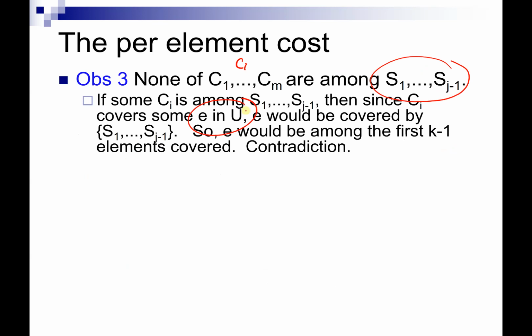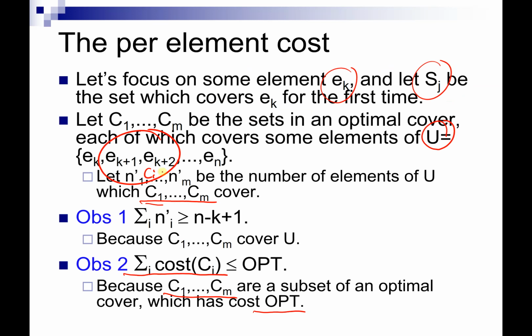Now if Ci is actually one of these sets, S1 up to Sj minus 1, then that means, for example, let's say that j equals 3. So what we're saying is that C1 up to Cm is not among S1 and S2. Because if one of these C's was among S1 or S2, let's say that Ci equals S1, then Ci is covering these two elements, ek plus 1 and ek plus 2.